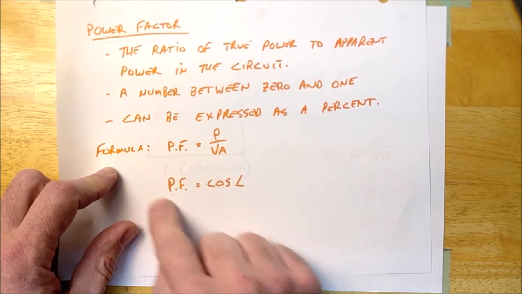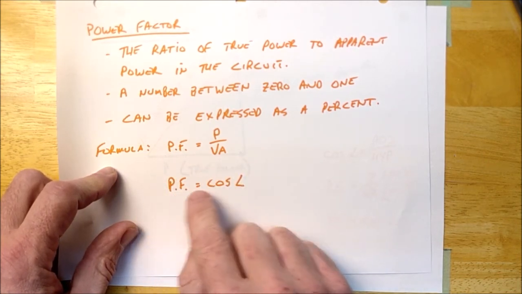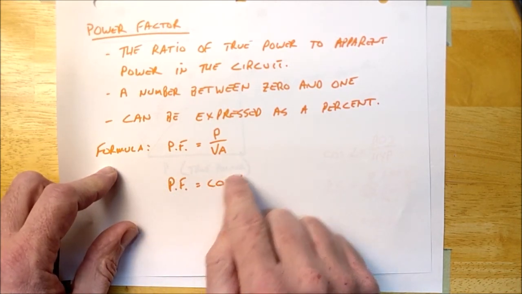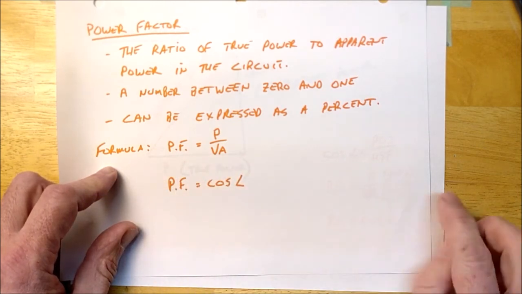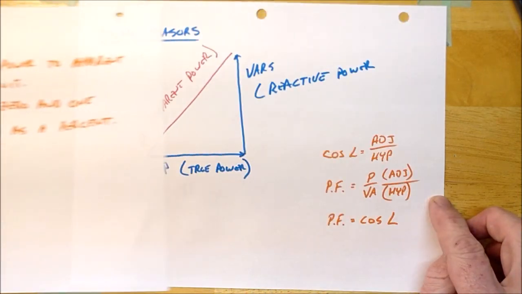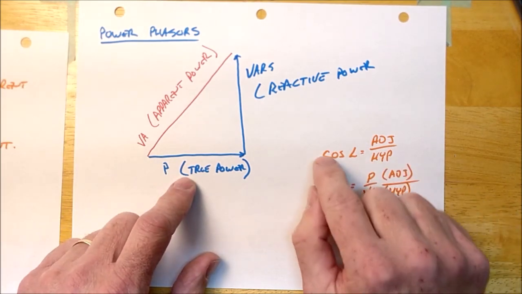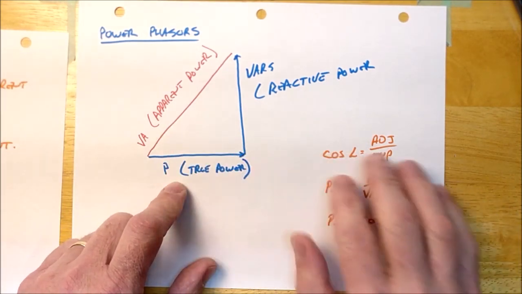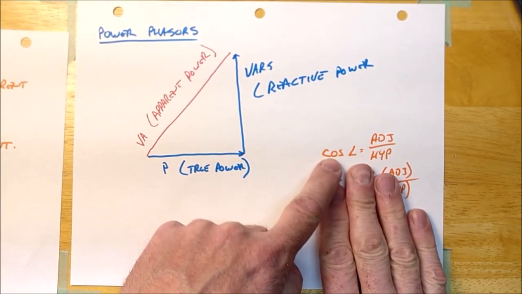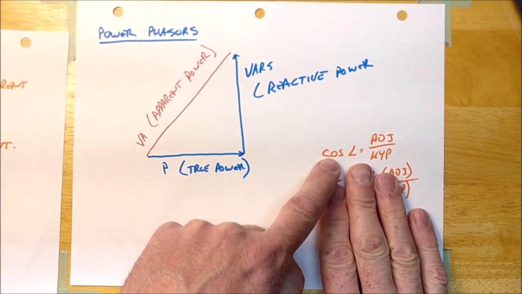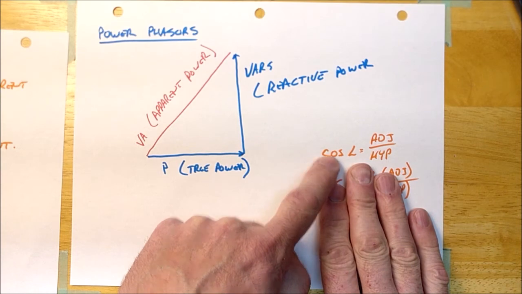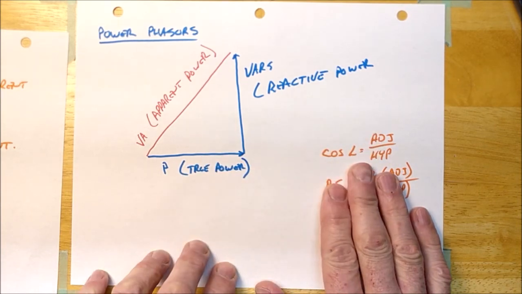Now, another formula for power factor is that the power factor is going to be the cosine of the angle. And if you want to know why that's true, then you need to look at the power phasor diagram. This is K, okay? Just trig. K is the cosine of the angle, the adjacent over the hypotenuse.